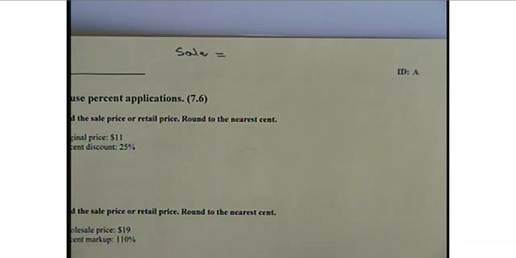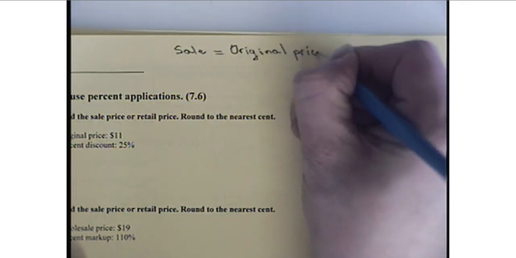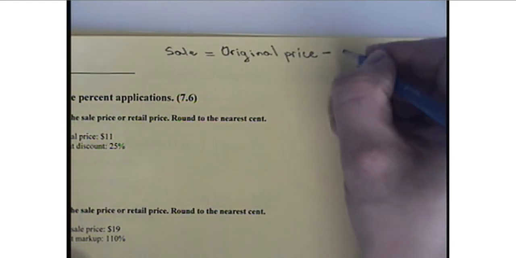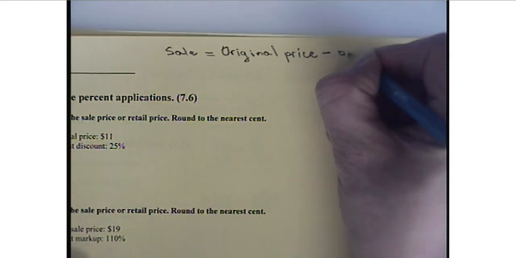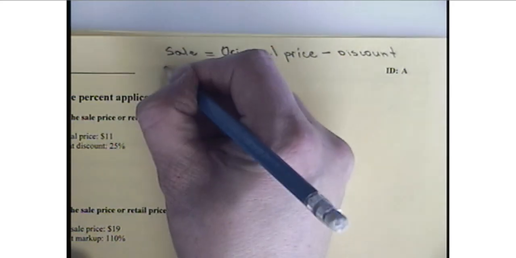So sale price will be the original price minus the discount price.